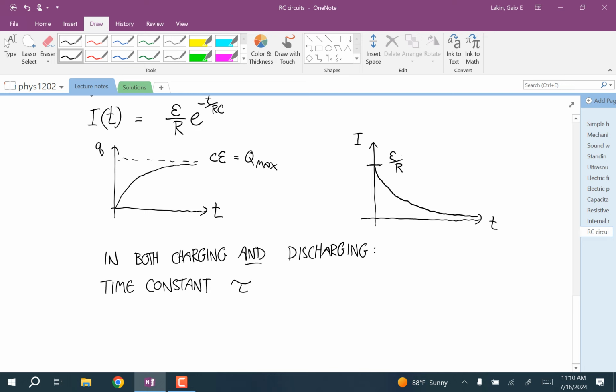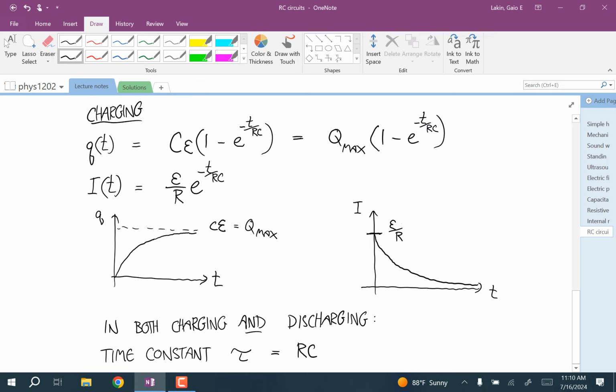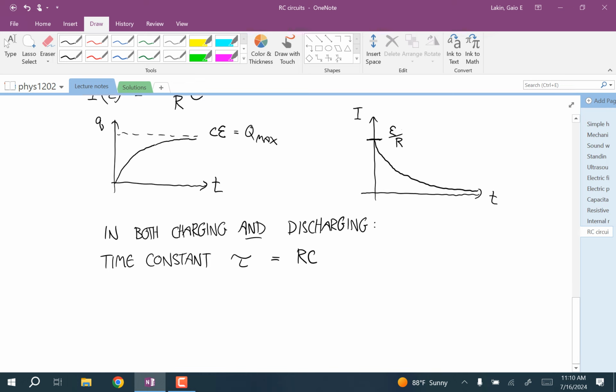And we'll use the Greek letter tau for that. And the time constant is equal to RC. You can see that that comes up in these equations in the exponent for e.